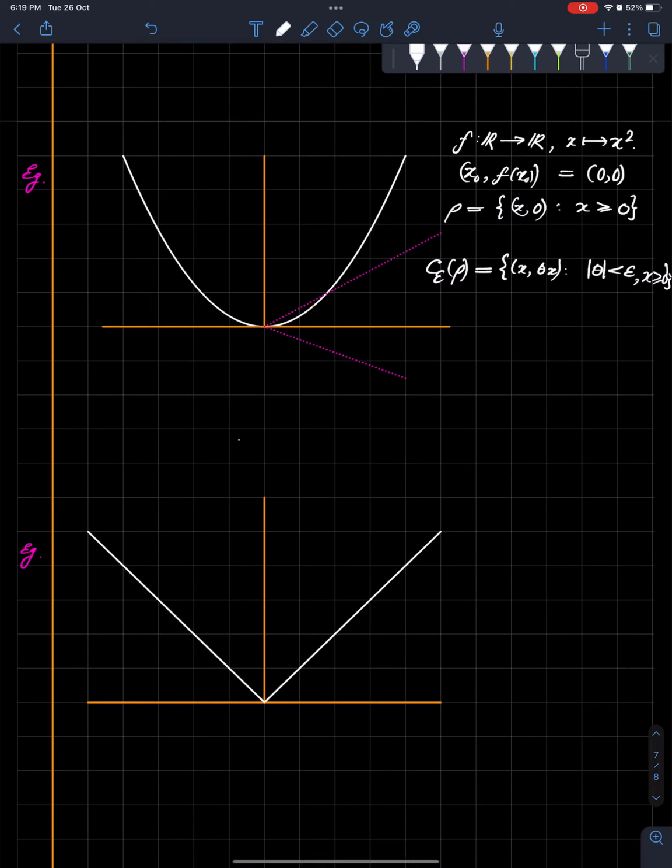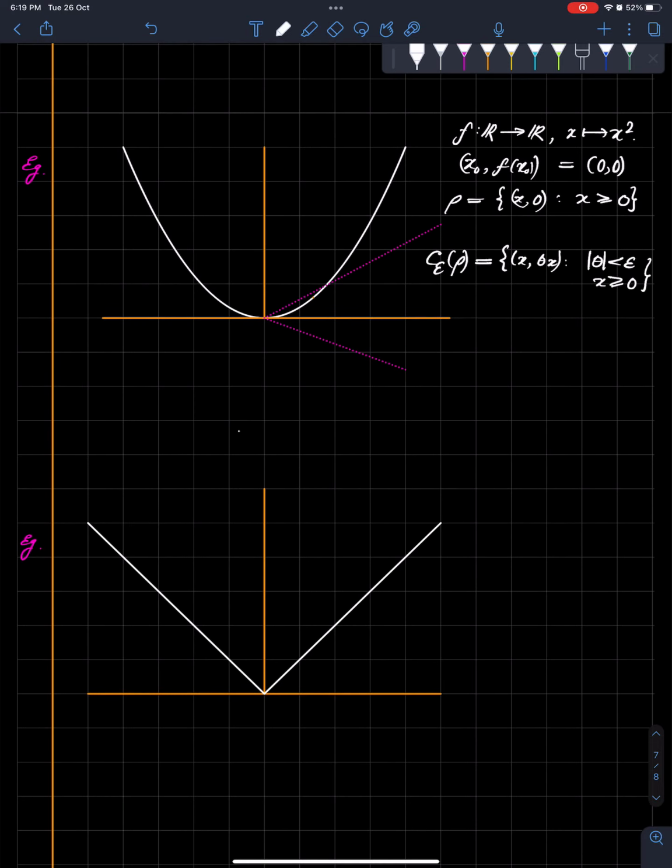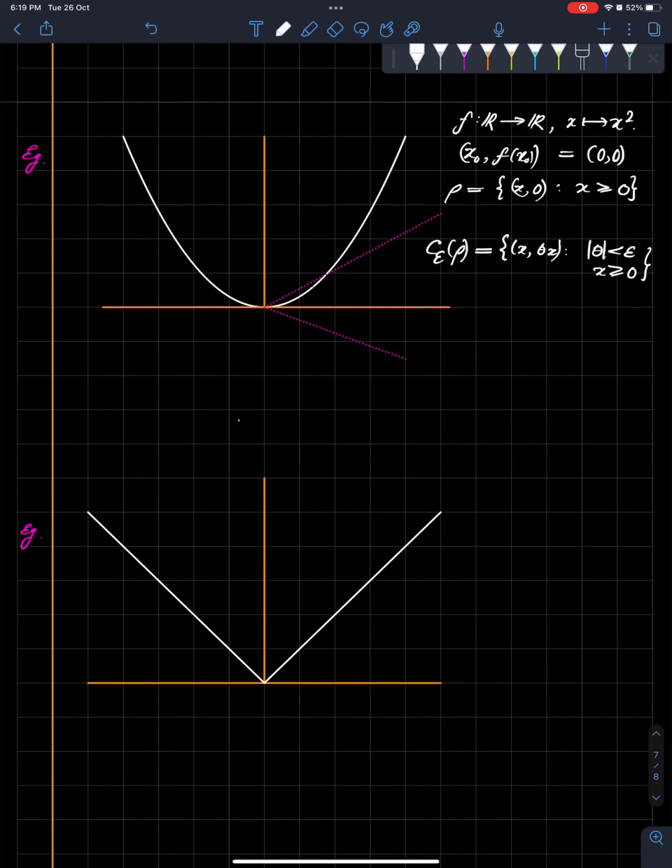So I want to show that there exists delta greater than 0 such that the graph of the function above (a, a plus delta) is contained in this. That is what we want to show. But I think if you take delta equals epsilon, then you're fine.